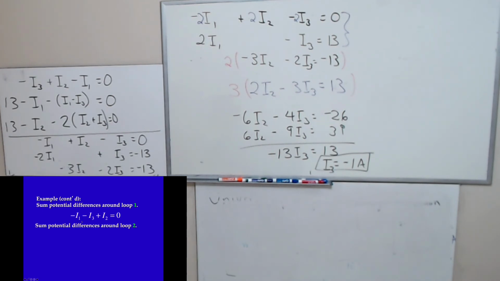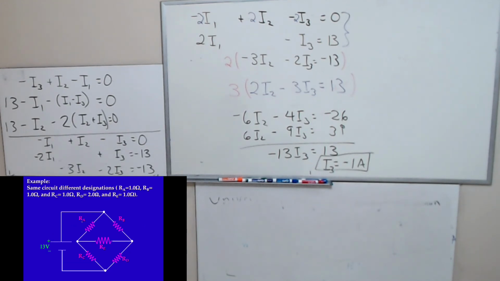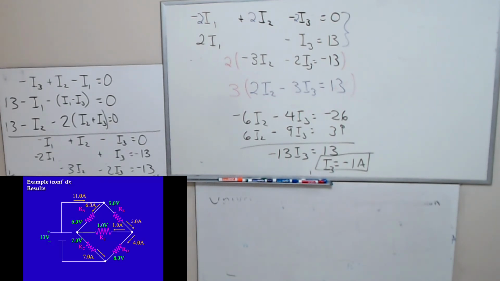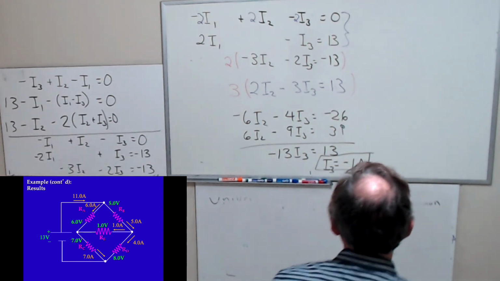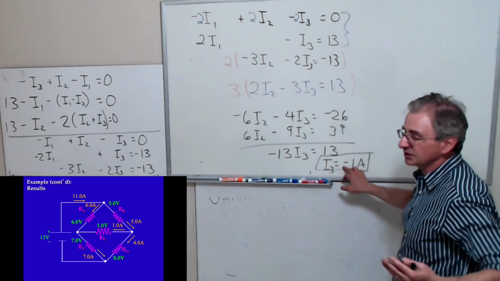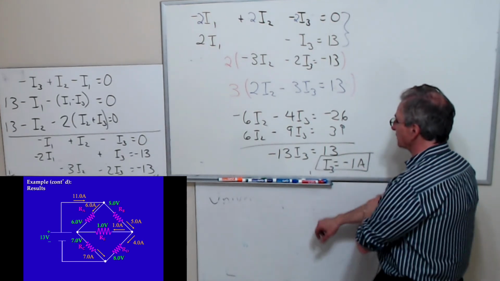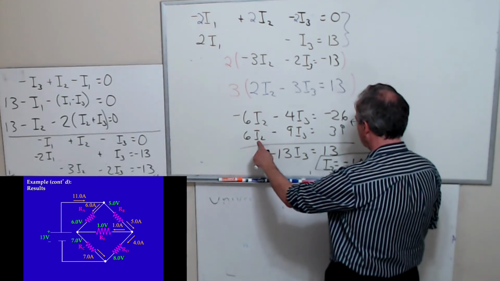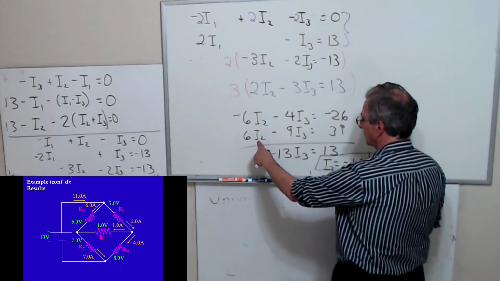I have all the equations in here, so let me go through real quick. I want to show you the final result. That's the final result. And so you're right, I just guessed the direction of the current wrong. The fact that I got a minus sign just says that I got the current direction wrong. Once I know this, I just need to go back to find I2.